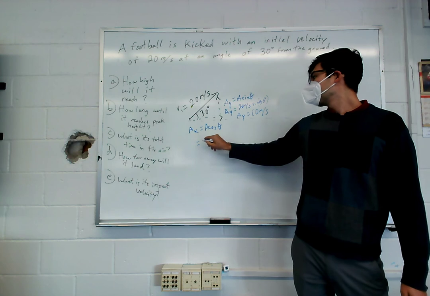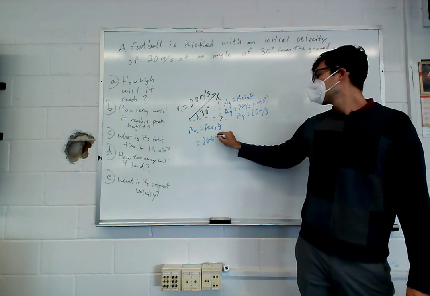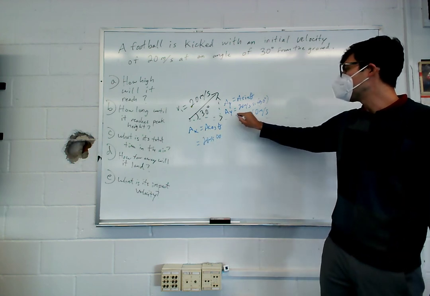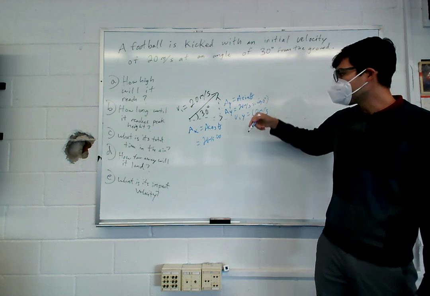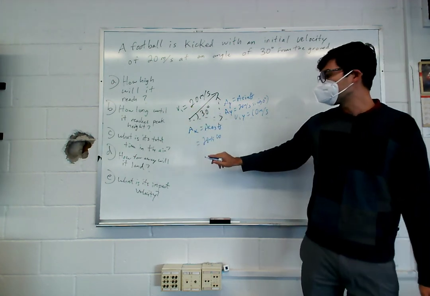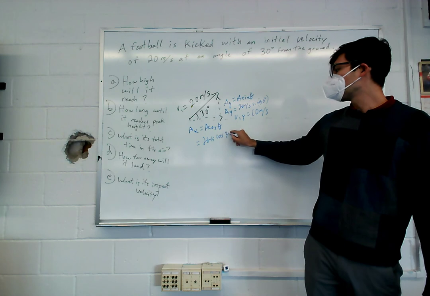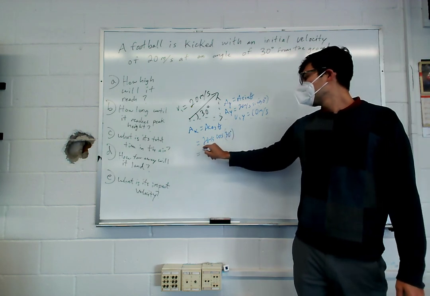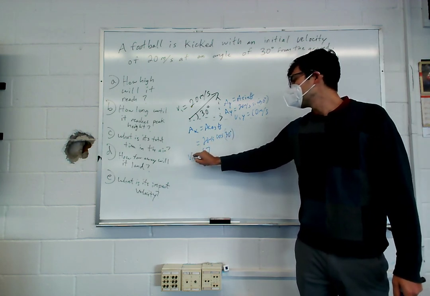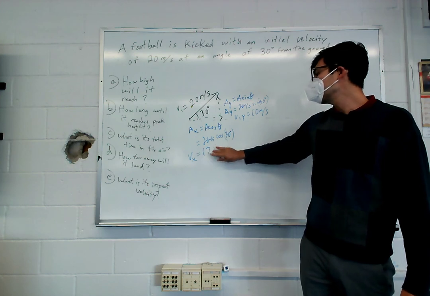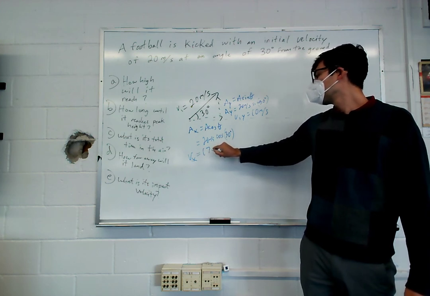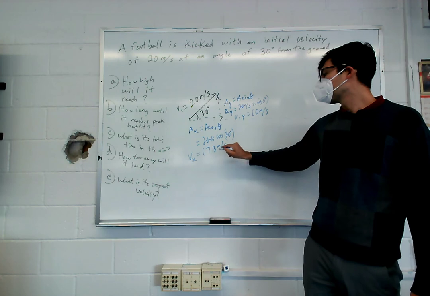AX is going to be 20 times, and this is actually the VIY. Sorry, the VIY is 10 meters per second because it's the y component of the initial velocity. AX is 20 times the cosine of 30 degrees, and we get an initial velocity on the x-axis of 17.3 meters per second.